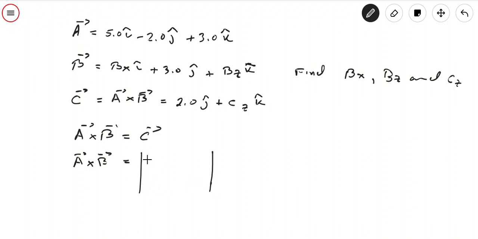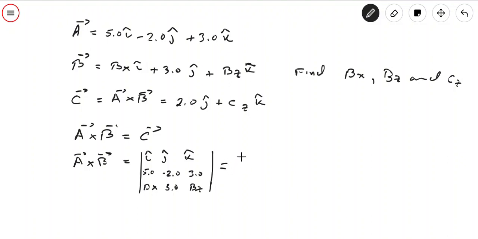So this would be i, j, k, and then 5.0, negative 2.0, 3.0. These are just the components of the vector A, and vector B, Bx, 3.0, and Bz. And that would be equal to C.